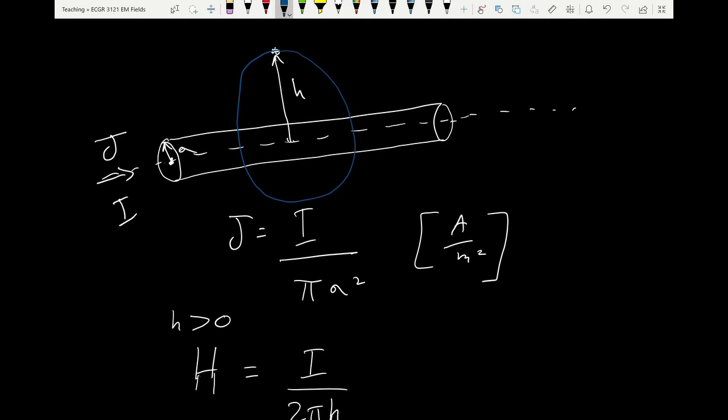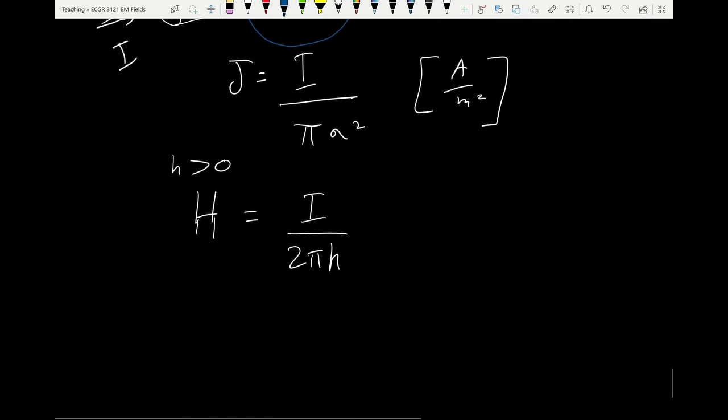But what happens if my contour now is here, within? I should draw this as an oval to signify that it's a three-dimensional circle viewed from the side. If the Amperian contour is inside the conductor now, the enclosed current is going to be different.